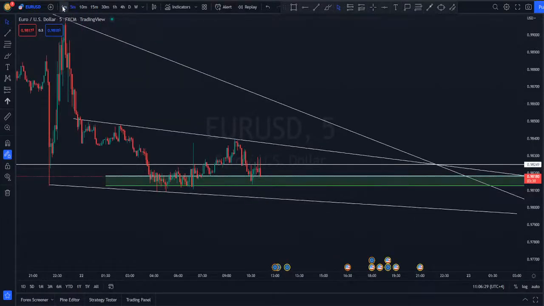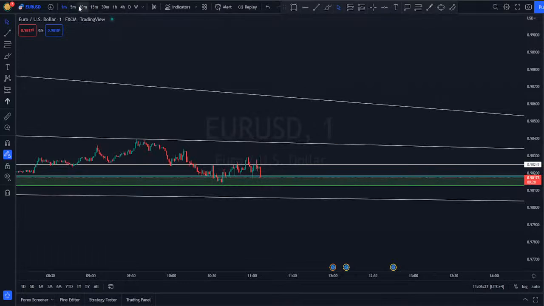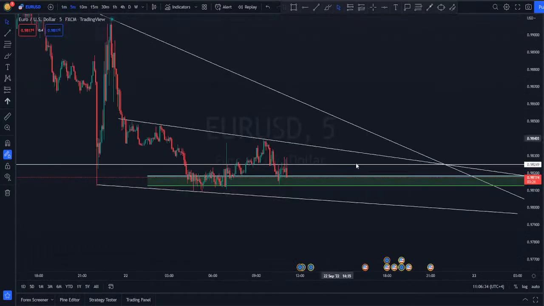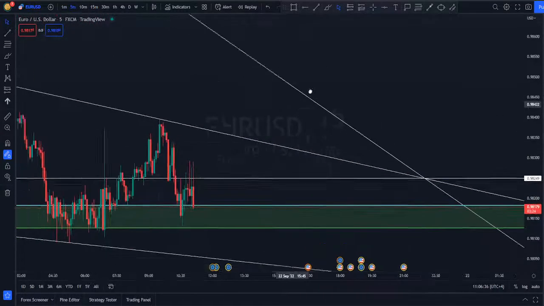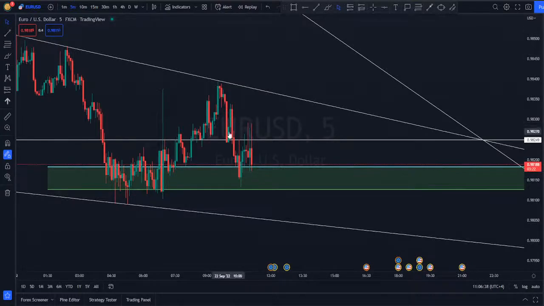Let me zoom in and show you guys what I saw in 1 minute that made me share the post. Of course, I took a trade somewhere here or thereabout, and the trade came down to this level. The moment it touched it, I decided to close it.